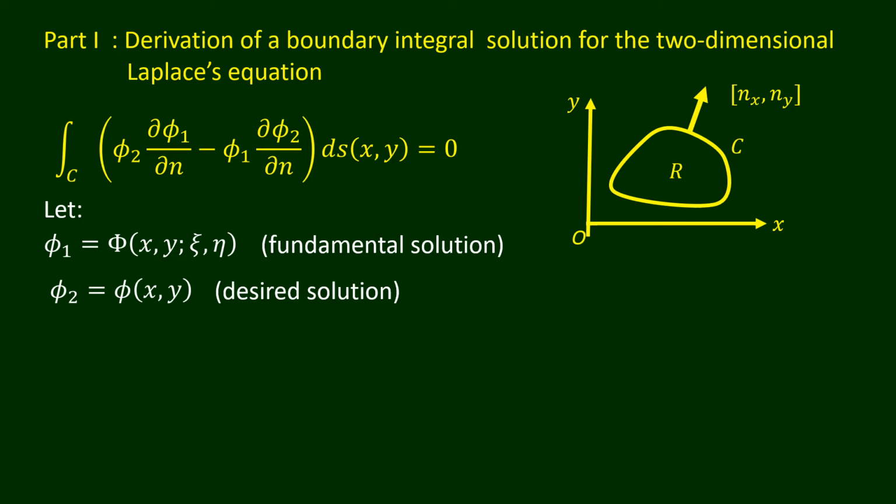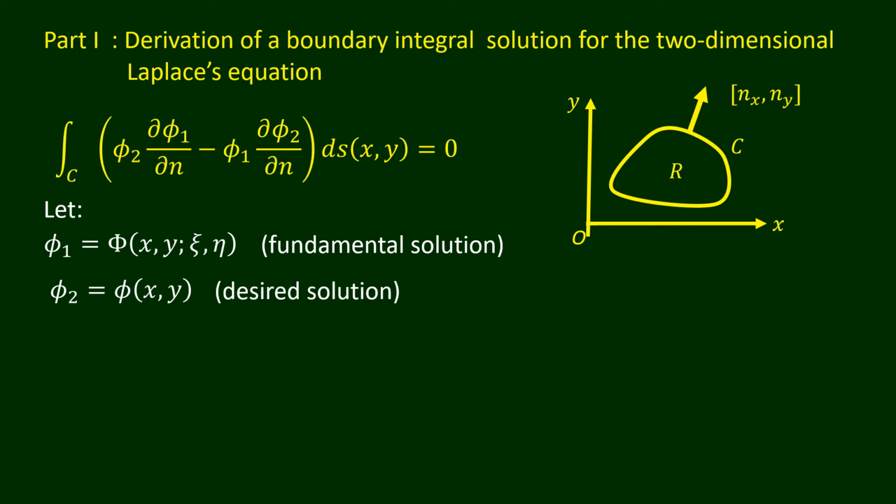Since capital Phi is not well defined at the point (x,y) equals (xi,eta), we can apply the reciprocal relation for solutions in the domain R and the boundary C only for points (xi,eta) that lie outside R and C.